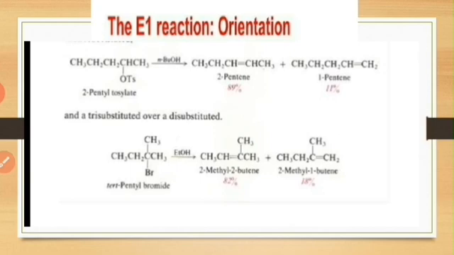Deprotonated means the hydrogen atom is removed from the carbon, thus allowing the most substituted alkene to be formed. For example, 2-pentyl tosylate, when it reacts with butoxide, gives 2-pentene and 1-pentene. But the major alkene is 2-pentene.